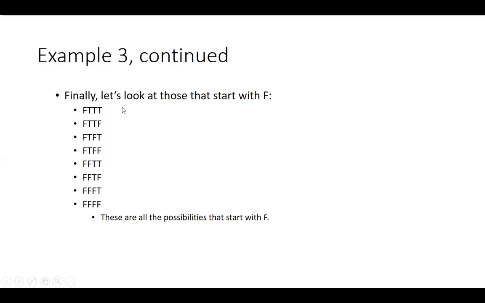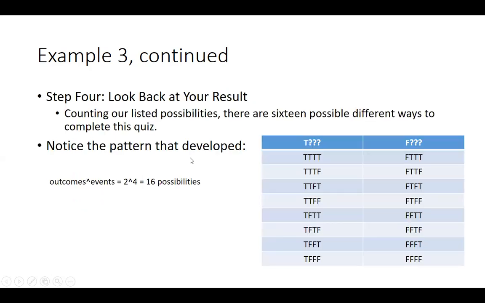Now, I might have lost you. That's okay. This is not an easy pattern to come up with. But if we put these all in a list, when we look back at our result, notice the pattern that developed. We counted 16 different possible ways to complete this quiz.